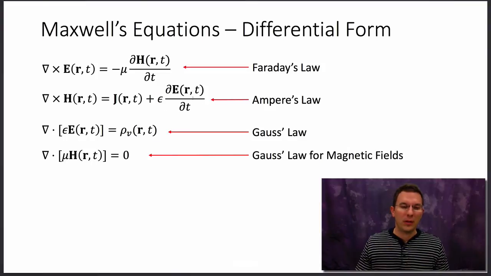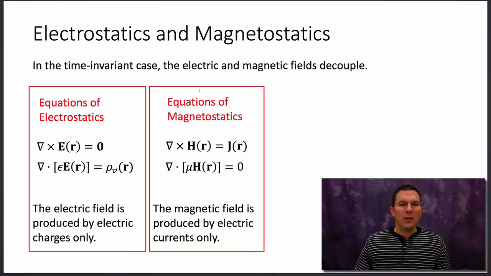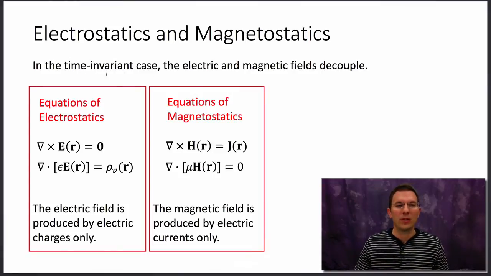And similarly, this term right here is also going to be 0 on the right-hand side of Ampere's law. The consequences of considering the time-invariant case, in other words, of setting all those time derivatives to 0, are the following. The electric and magnetic fields decouple.